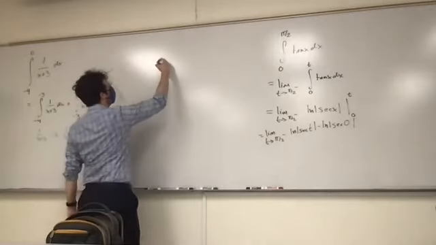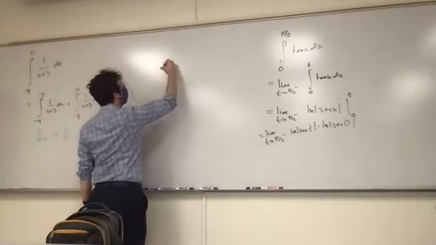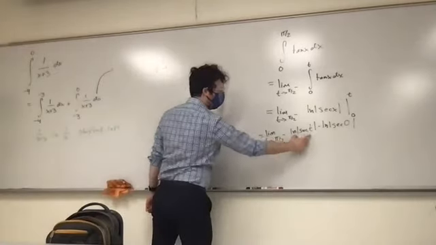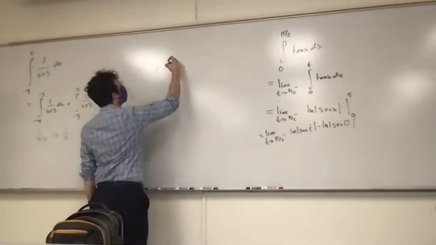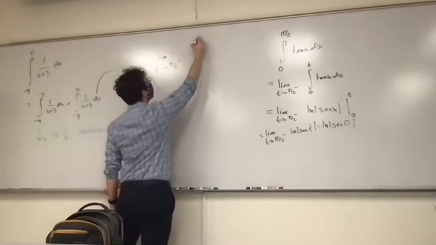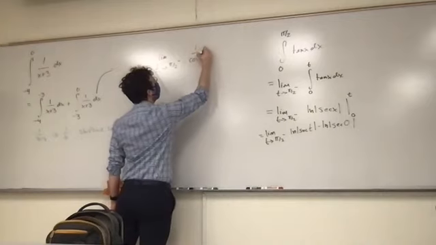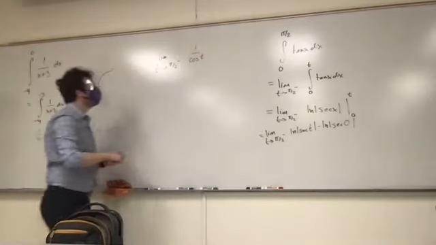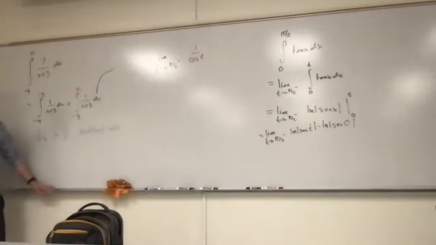So what happens, the big thing is this first one. What happens if we let t go to pi over 2 from the left of 1 over cosine of t? Then we have to think, well, cosine of pi over 2 is 0.